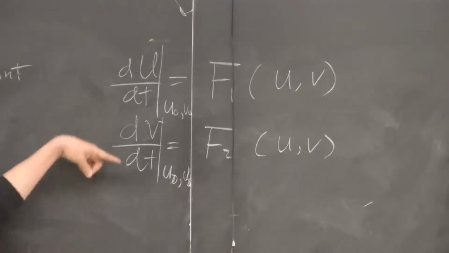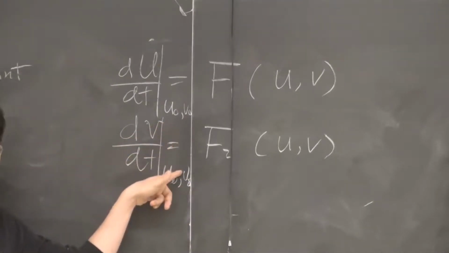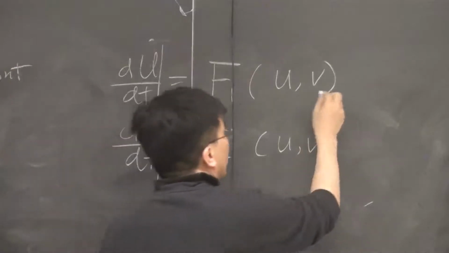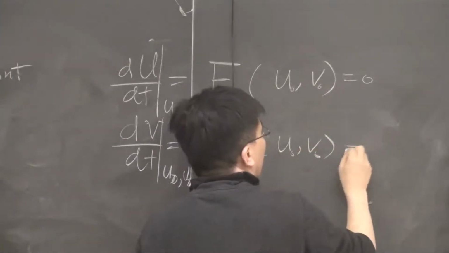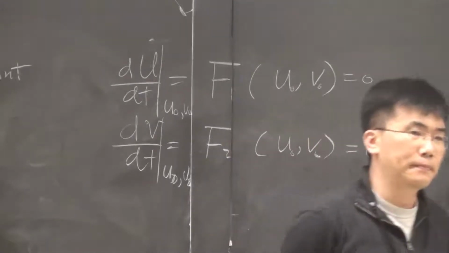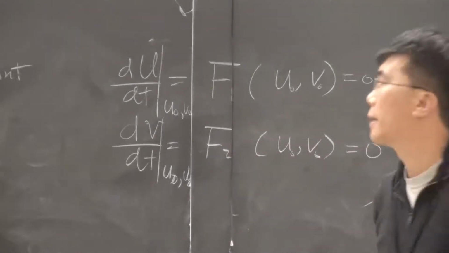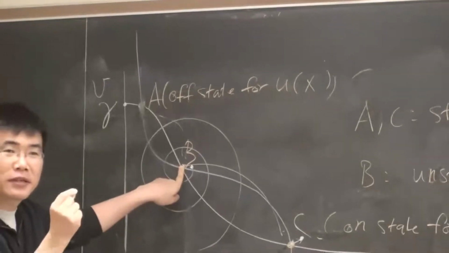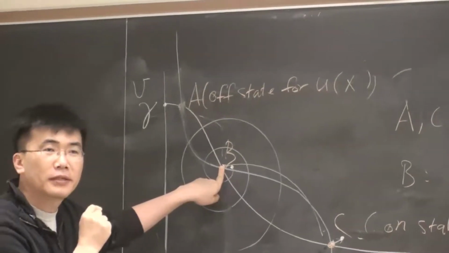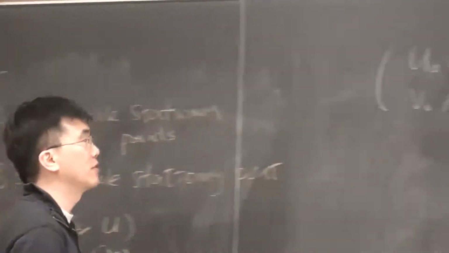When you evaluate these functions at the stationary points, this becomes 0. But now, if that is your stationary point, u0 and v0, then what happens if you deviate slightly from that point? So let's make a small deviation.